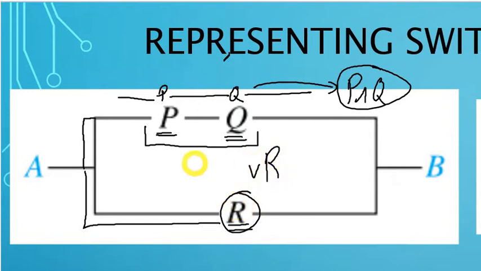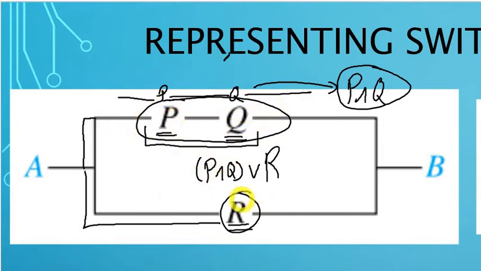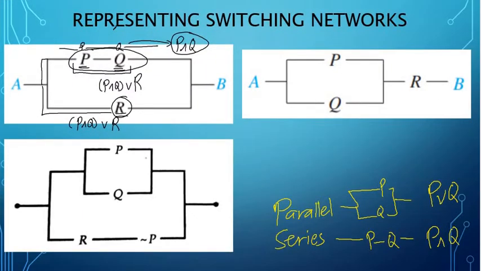So I'll write R here and P and Q, which represents this network as connected to R in parallel. Therefore, this entire network can be represented by the proposition P and Q or R. So there we go. That is how we can represent our switching network.